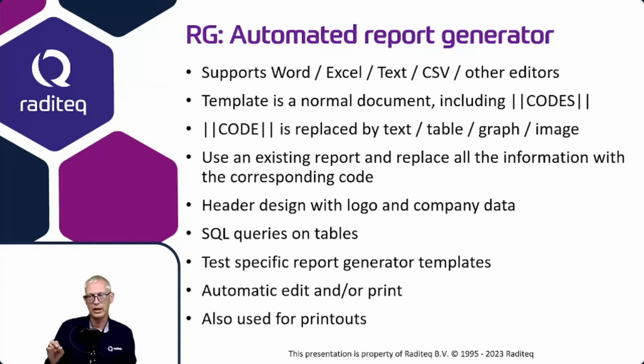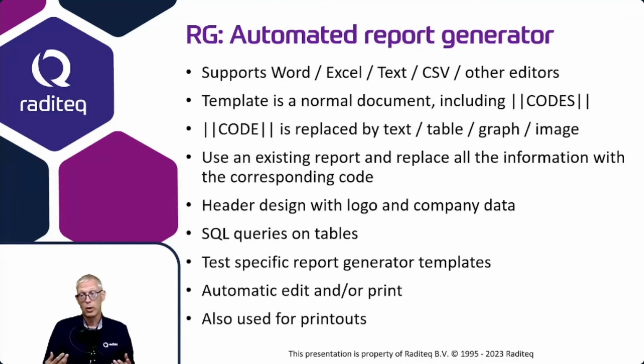And depending on which code is specified in between the double pipes, it will be replaced with a text, with a table, with a graph or an image. In that way, you will be able to create a template which inserts all the specific design information at the correct locations inside your template, building the final report.